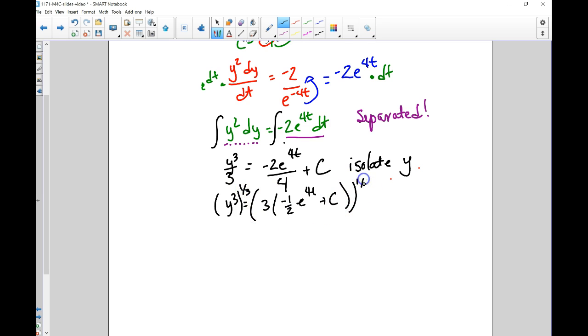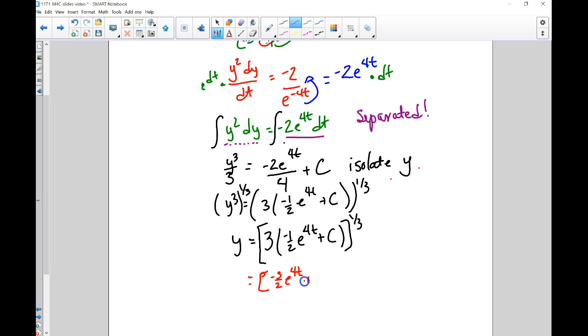So y is going to equal 3 times the bracket negative 1/2 e to the 4t plus c, all raised to the 1/3. Now, can you multiply the 3 through? Yes. If you did that, it would look something like the bracket negative 3/2 e to the 4t plus 3c, to the 1/3.